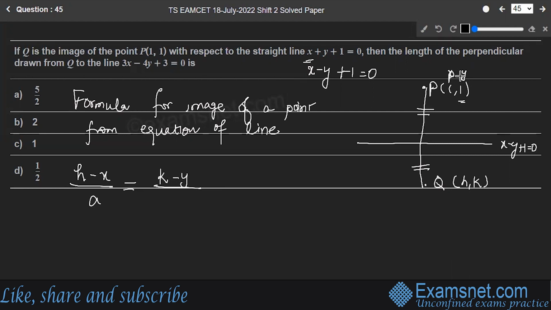Let's take this as p and q, because x, y you might confuse with these two alphabets. So this is p and this is q. All right, upon the coefficient of y is equal to minus 2 of ap plus bq plus c whole divided by a square plus b square.